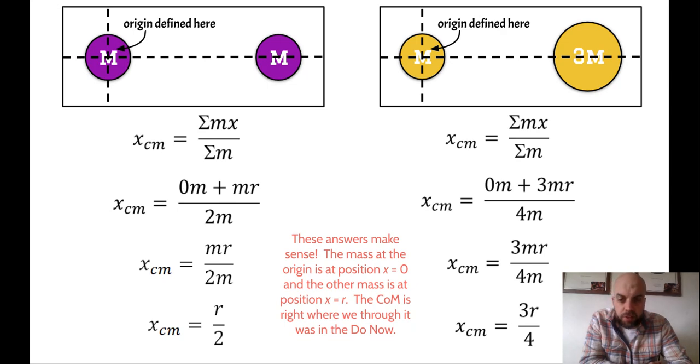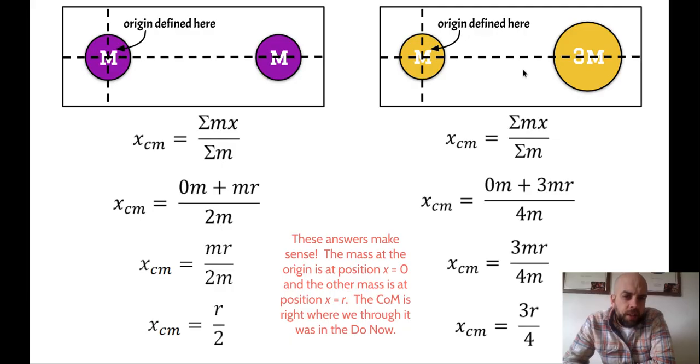If I had a ruler, I could actually measure it, but I'll just say it's a position r. And it's got a mass m at position r. So its mass position is mr. The total mass position of the system is 0 plus mr, or mr, and the total mass of this system is 2m. If I simplify that, I find that the position of the center of mass is at r over 2, which is exactly what we thought in the do now when we just guessed where the center of mass was intuitively. It would be right in the middle of the system.